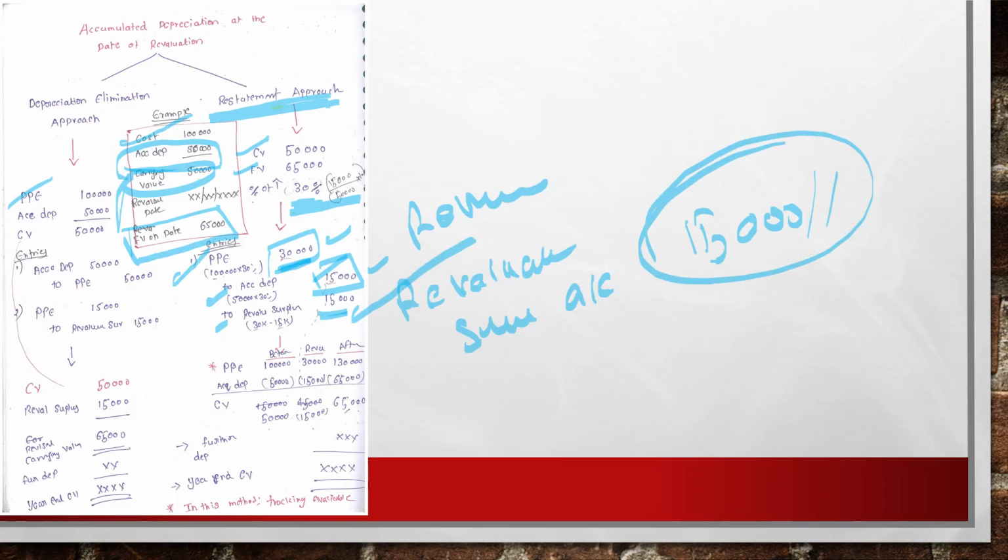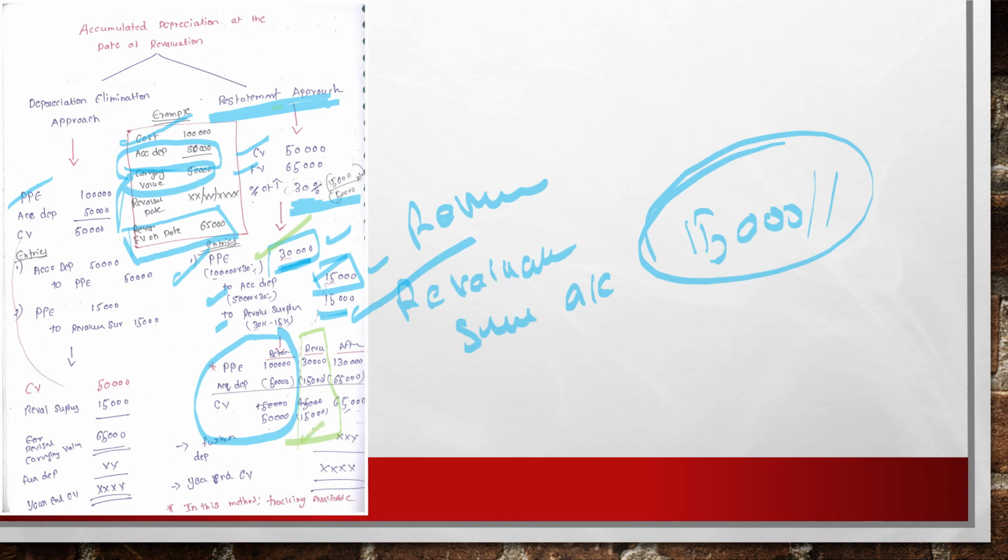Then before your revaluation, this is the status. PPE is 1 lakh, accumulated depreciation is 50,000, and carrying value is 50,000. And then in the revaluation stage, this is the increase. 30,000 you have increased, 15,000 also accumulated depreciation you have increased. The balance is revaluation reserve.